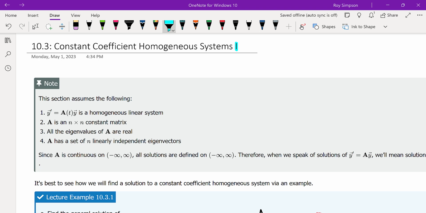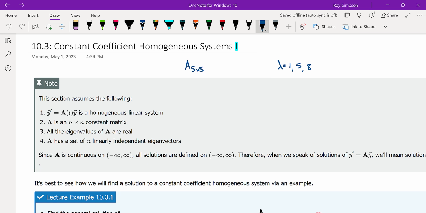So you could have a 5x5 matrix that has, let's say, 3 distinctly different eigenvalues. Let's just say lambda equals 1, 5, and 8. Let's say those are 3 of your distinctly different eigenvalues for a 5x5 matrix.